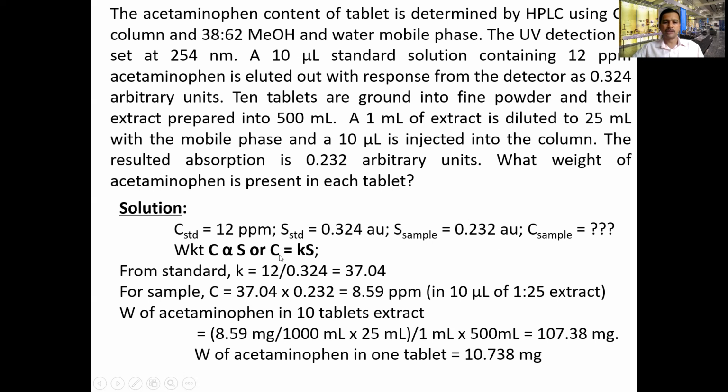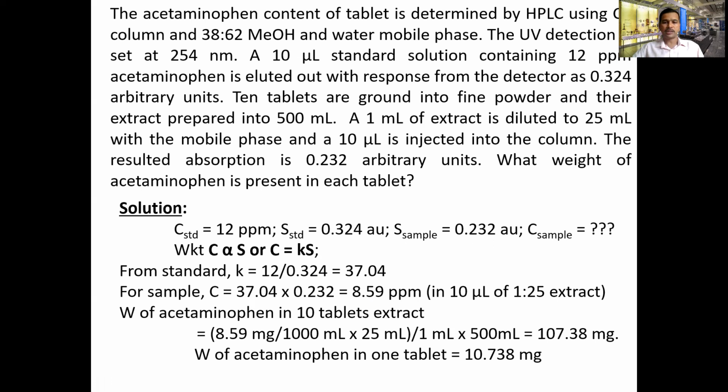C is equal to K into S. K you know, signal you know, that is 0.232 arbitrary units. You just substitute. C is equal to 37.04 into 0.232. That gives you 8.59 ppm. So 8.59 ppm of acetaminophen is present.